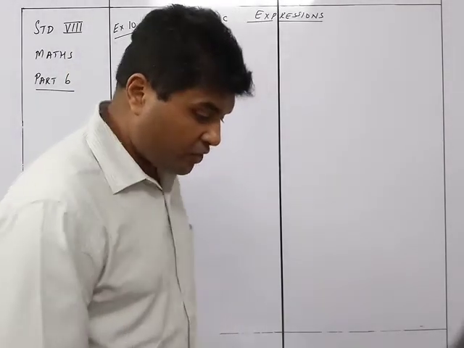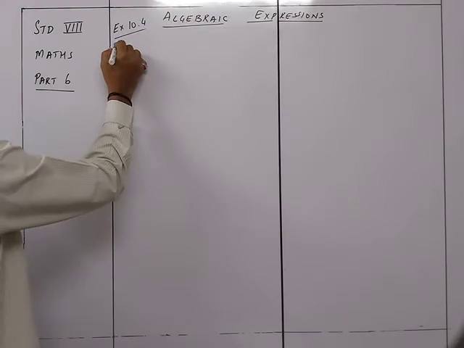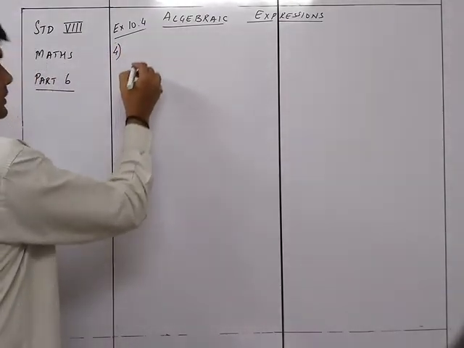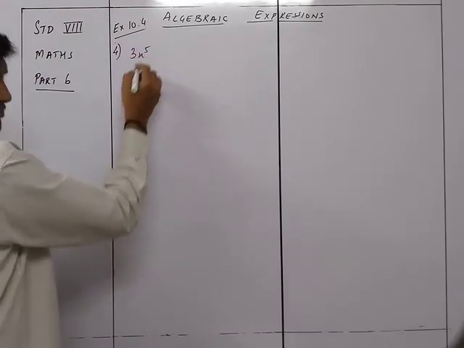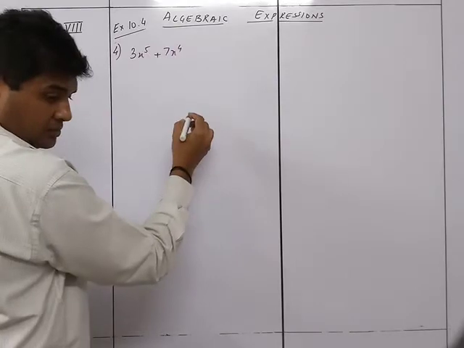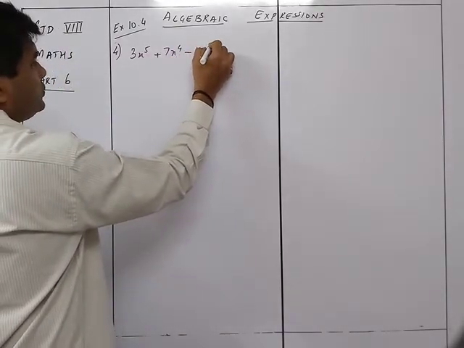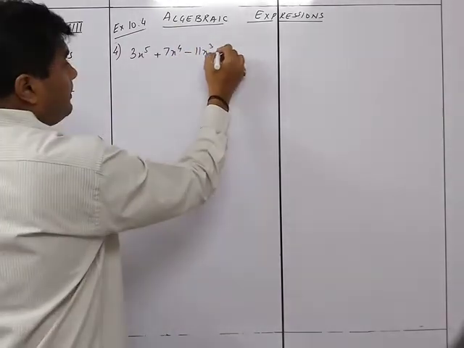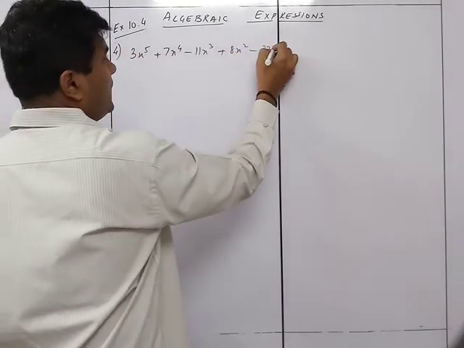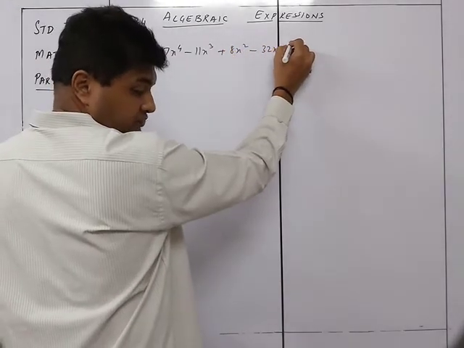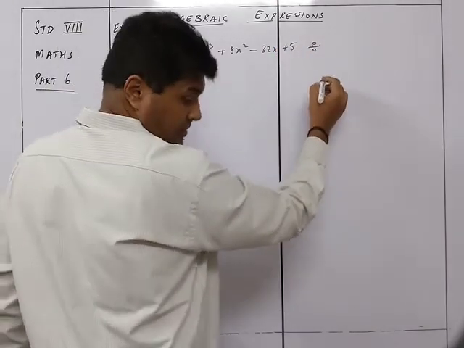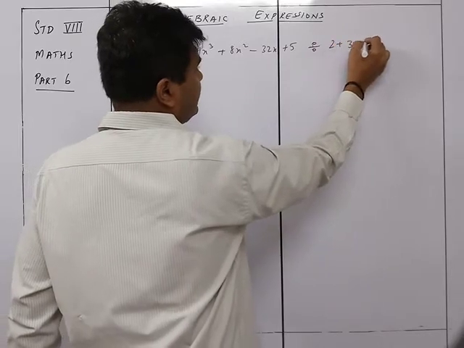Example number 4 is this way: 3x raised to 5 plus 7x raised to 4 minus 11x raised to 3 plus 8x square minus 32x plus 5 divided by 2 plus 3x plus x square.